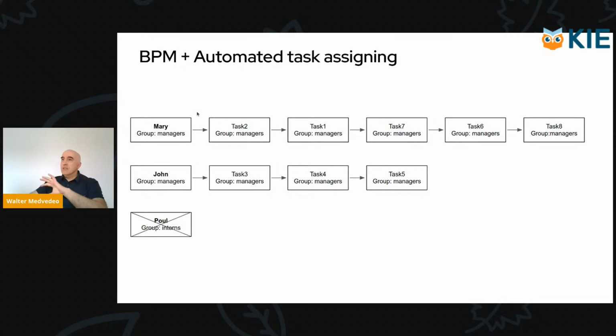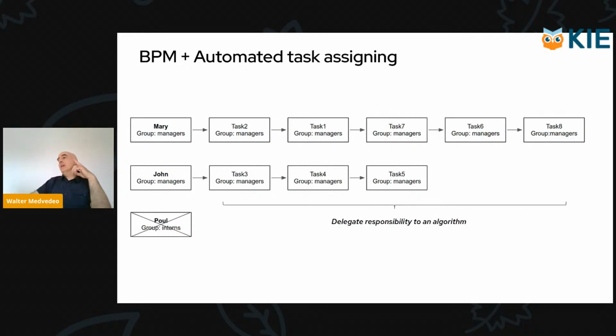If we can go to this approach, then Mary can focus on completing only the tasks that we have assigned to her, and the same for John, right? What we are doing is an inversion of control. So if we can go to this approach, then what we are doing is delegating the responsibility to an algorithm. What we want is to use an algorithm to calculate and produce these assignments.